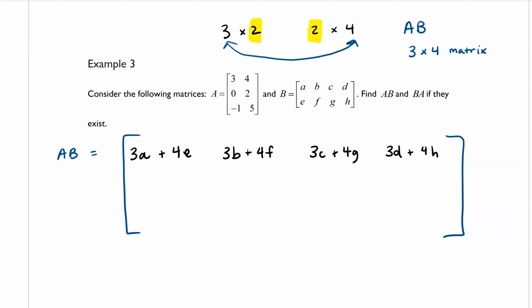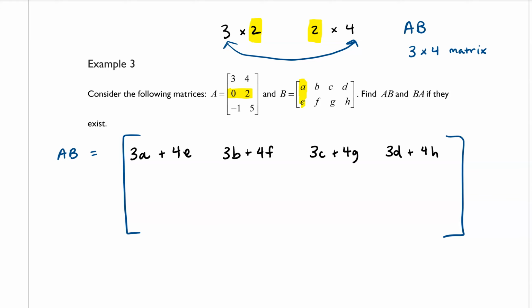Okay, so now to get the value in our multiplied matrix in the second row, first column, we would use the second row in matrix A and the first column in matrix B. So 0 times A is 0, so actually I'll put 0A so you can see what's being multiplied, plus 2E.